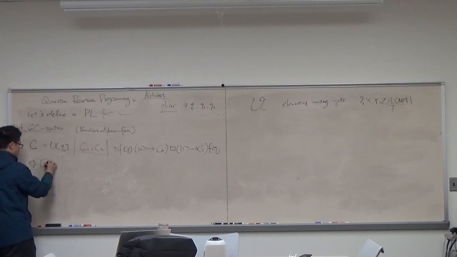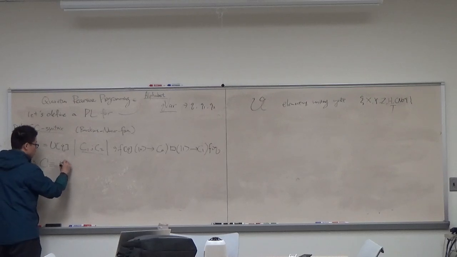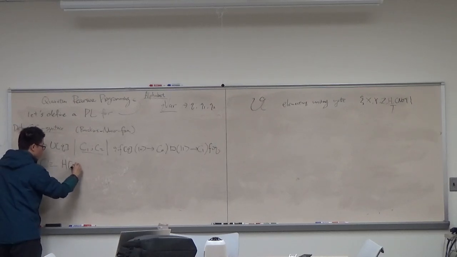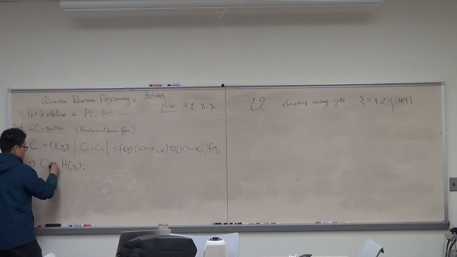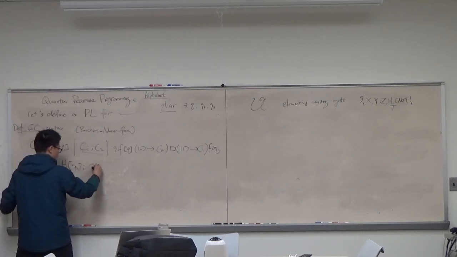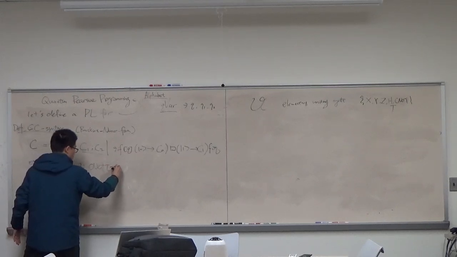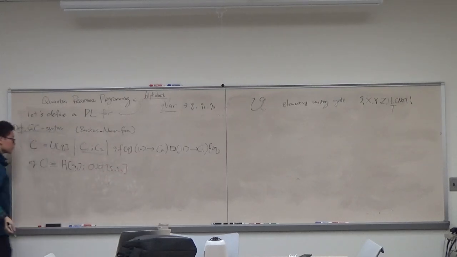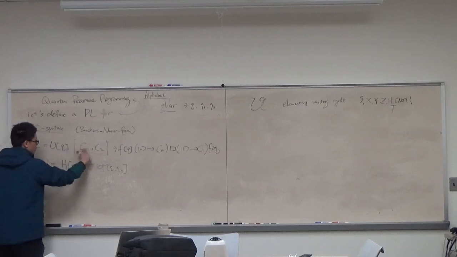So I will give you an example. So for example, C can be, just say, you first apply the H on Q1, then you do C0 on Q1, Q2. So here we just use these two statements.